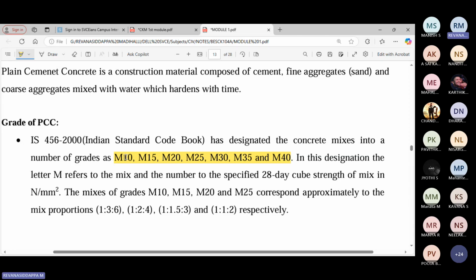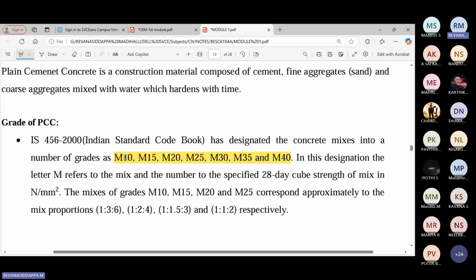If I say M20 grade of concrete, the compressive strength after 28 days of curing is 20 Newton per mm square. That is the meaning. Likewise, we are able to manufacture concrete up to or more than 200 Newton per mm square.